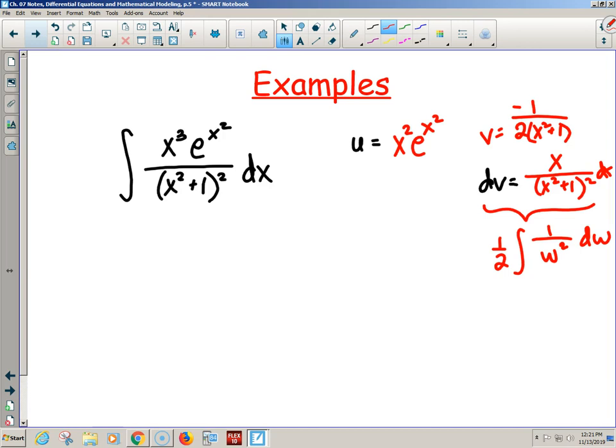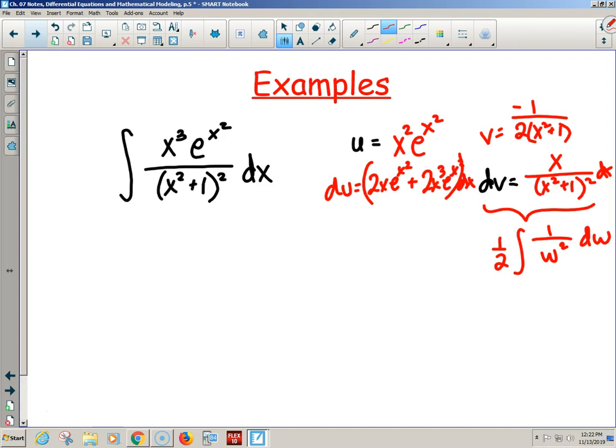Maybe that's easier. What would this guy become? 2x e to the x squared plus, I guess, x. What? He's doing a quotient rule? Because it'd be 2x cubed. I was going to try to simplify it, but how am I going to write myself?